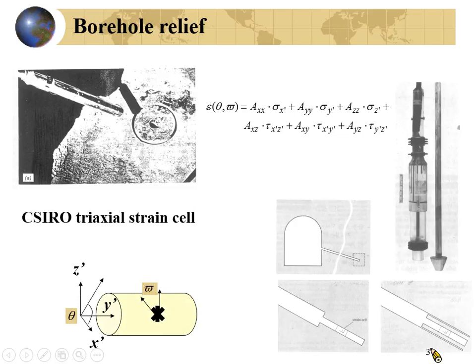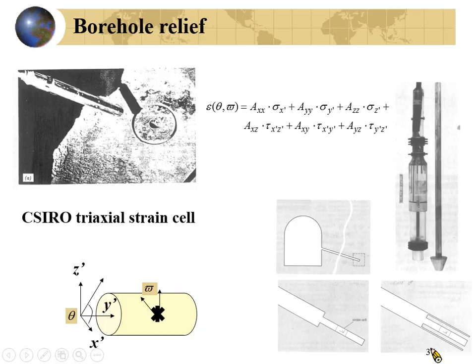I think this will be the most complex one, and I will not give you any equation because it will be very complex. This cell, we call it the CSIRO triaxial strain cell, which was developed by an organization in Australia. CSIRO is a research institute in Australia.